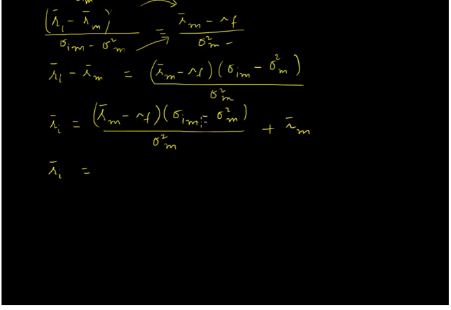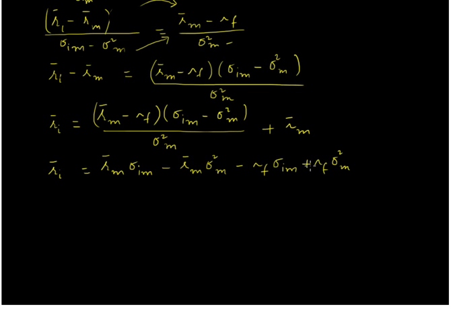We are multiplying out these brackets, so we are going to have Rm bar times covariance between I and M, minus Rm bar times variance of m, minus Rf times covariance between I and m, plus Rf times variance of m.